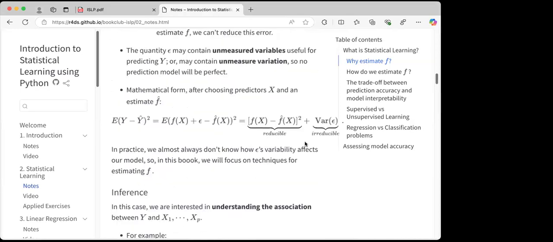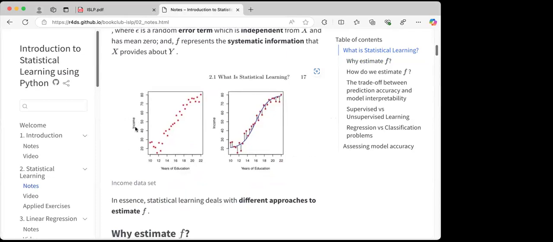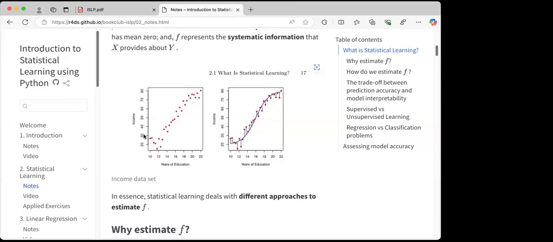Like in this example, we have years of education and how it's useful for predicting your income. We could also have seniority, variables like your family background, the education level of your parents, and your gender. These are all factors that will influence your earning.